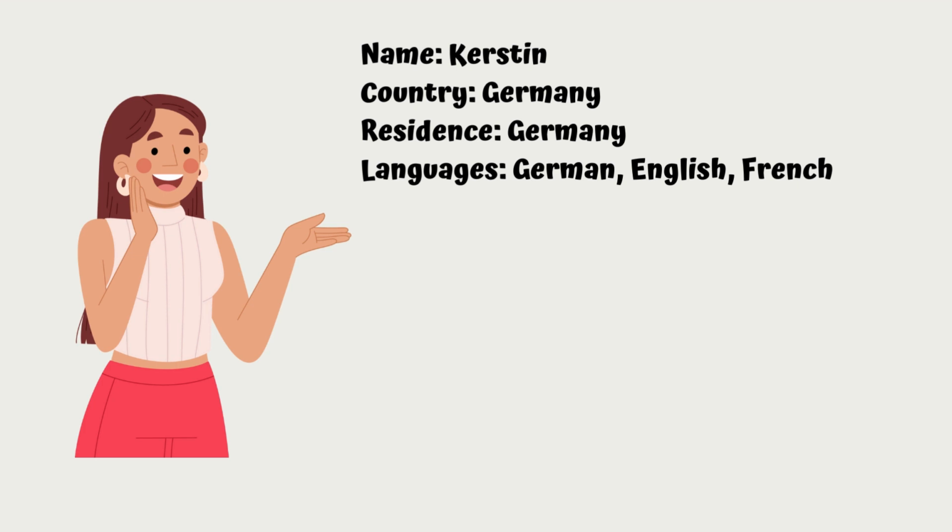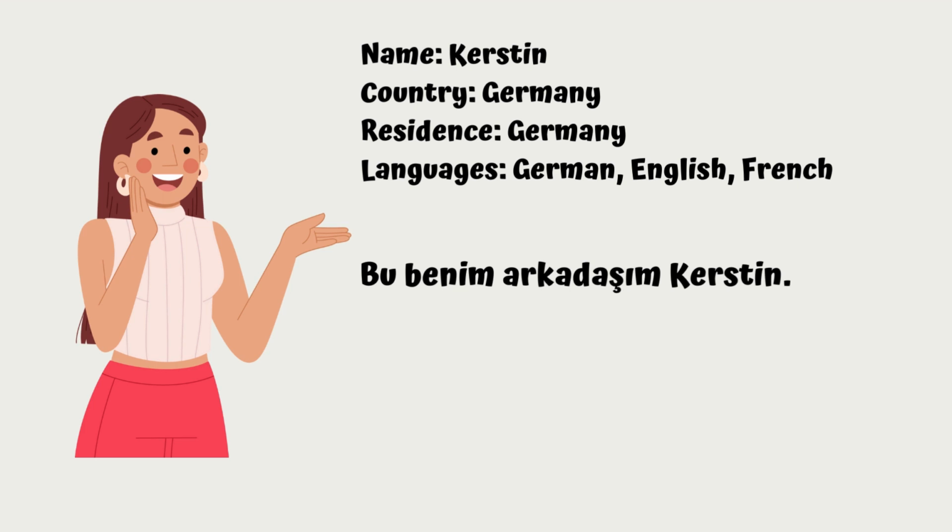Okay, we're gonna follow the same structure. So we're gonna say this is my friend Kerstin. Yep. Bu benim arkadaşım Kerstin. So we're gonna say Kerstin is German. And how do you say that?